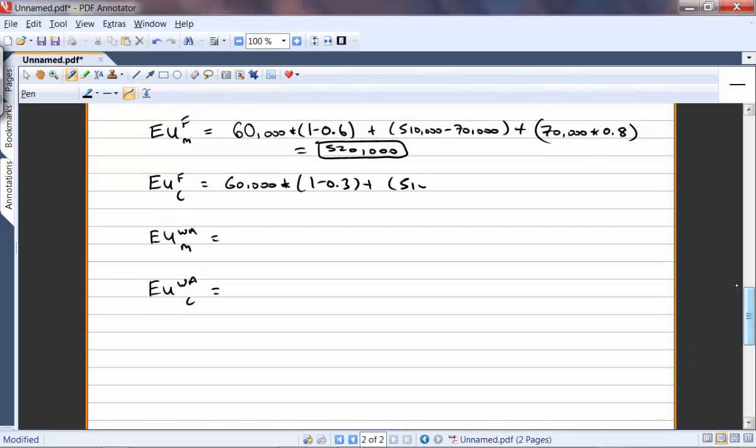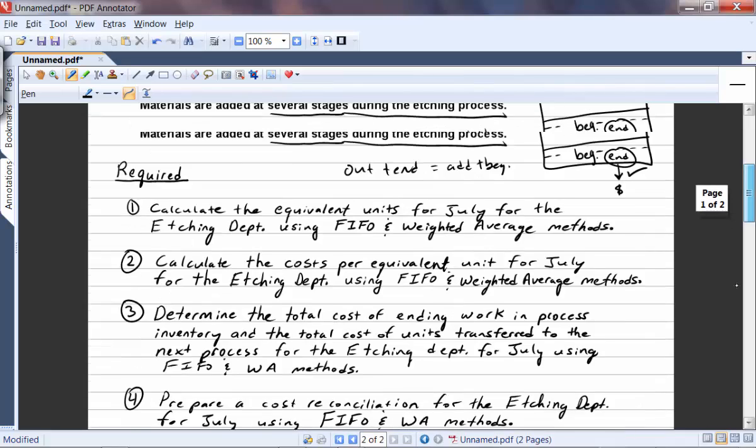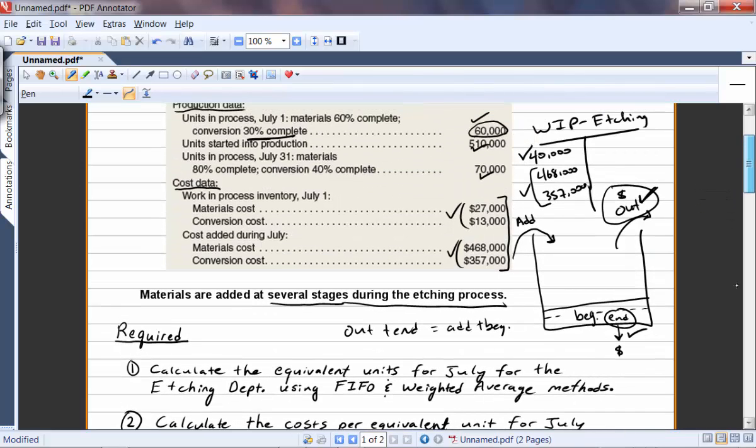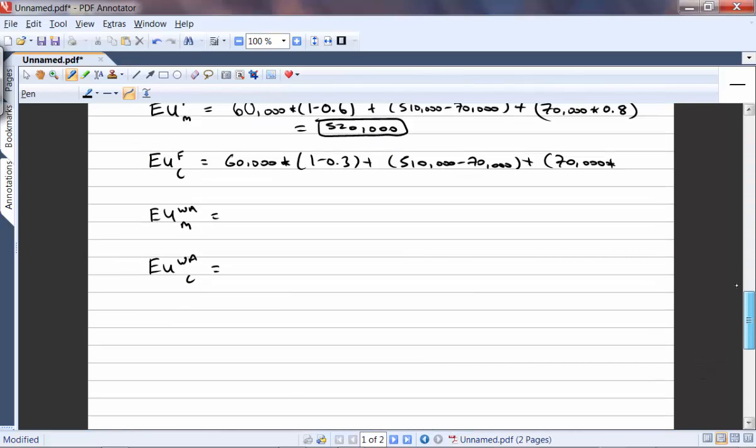Plus the units that were started and completed. Plus the equivalent ending units. There's 70,000 left. Each of the units, I believe, is 40% done with respect to conversion. Yeah, right here. So when you add that up, you will get 510,000.